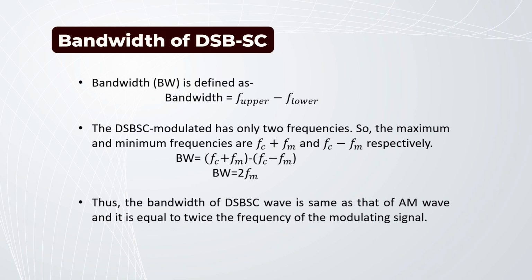So, the maximum and the minimum frequencies are fc plus fm and fc minus fm respectively. Therefore, the bandwidth of double sideband suppressed carrier will be fc plus fm minus fc minus fm, or the bandwidth will be twice of fm. Thus, the bandwidth of double sideband suppressed wave is the same as that of the AM wave, and that is equal to twice the frequency of the modulating signal.